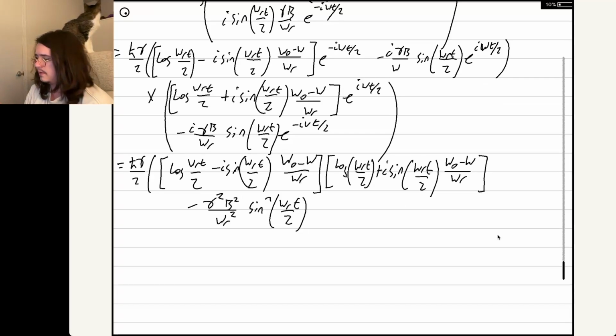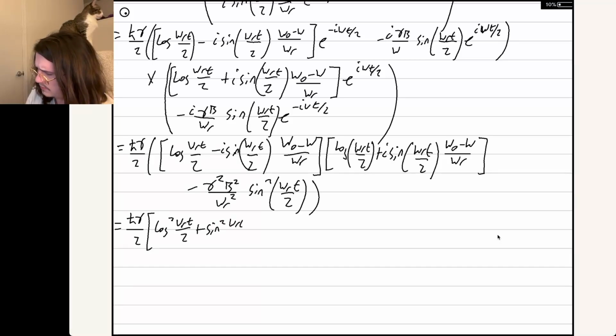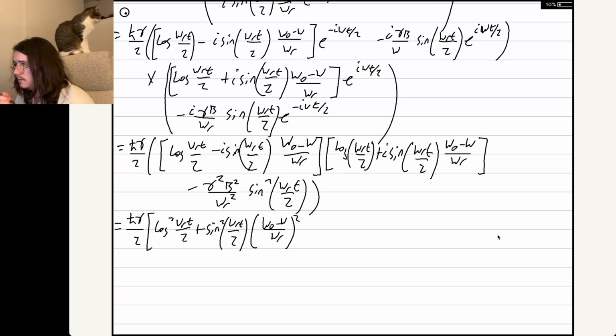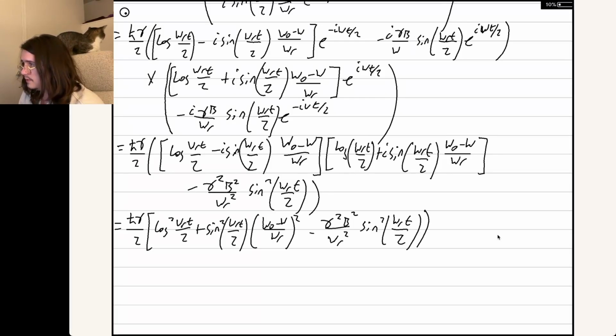Big multiplications. Simplifying, actually expanding the multiplications, we have cosine squared omega_r t over 2, and we have sine squared omega_r t over 2 multiplied by omega naught minus omega over omega_r, squared, minus gamma squared b squared over omega_r squared sine squared omega_r t over 2.